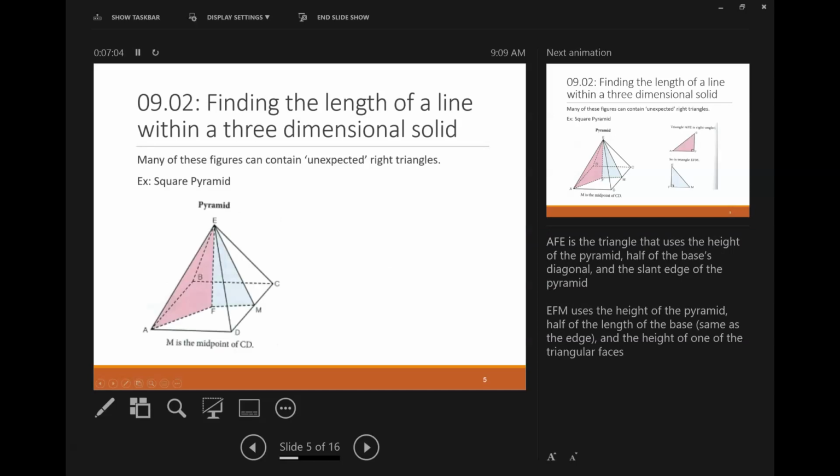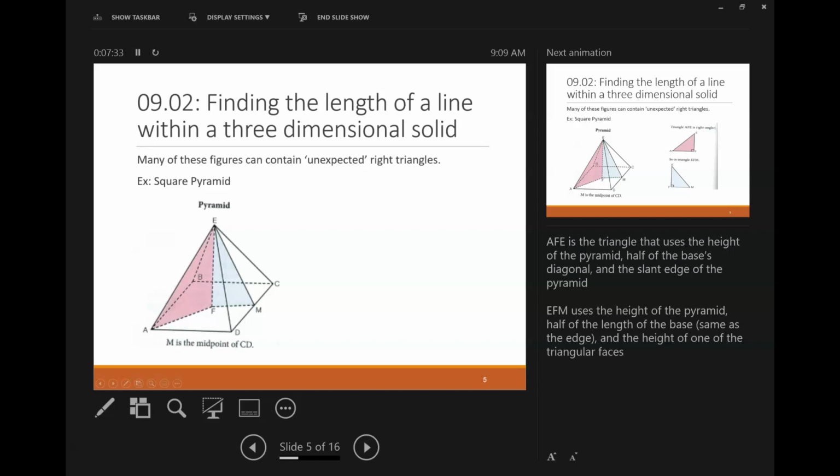So here's some more. Both of these triangles, the pink one and the blue one, are interior. Here the side EF is the height of this pyramid because it's going from the apex to the base. And then if I go straight perpendicular, at a right angle, you're going to hit the midpoint of this other side.